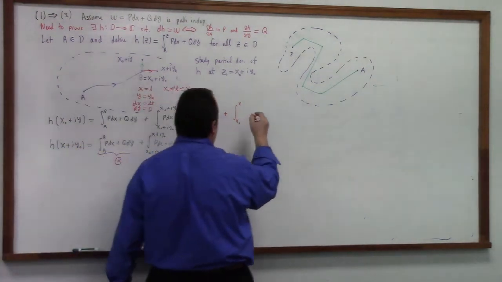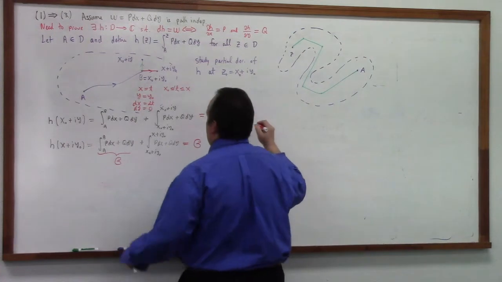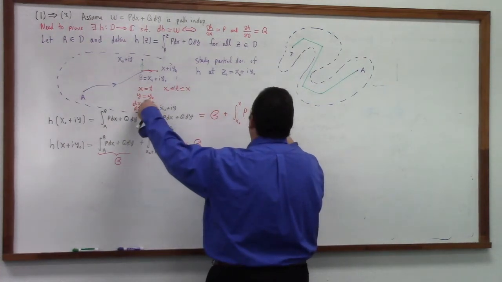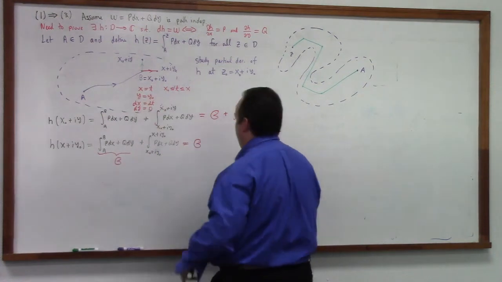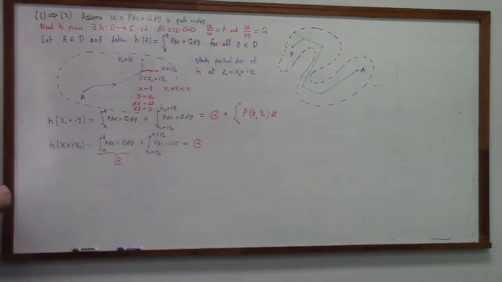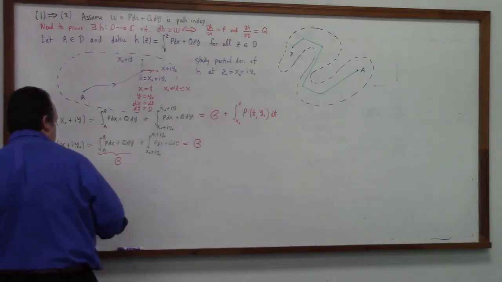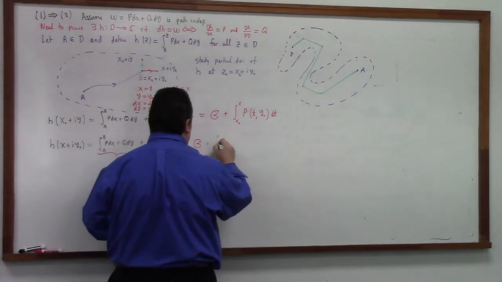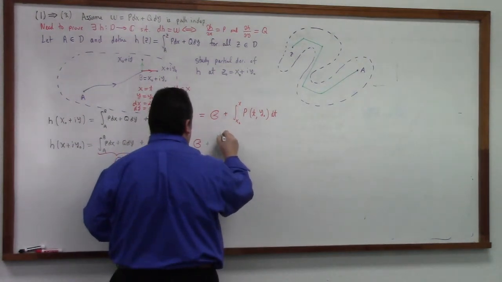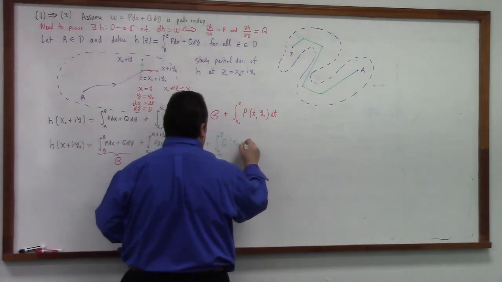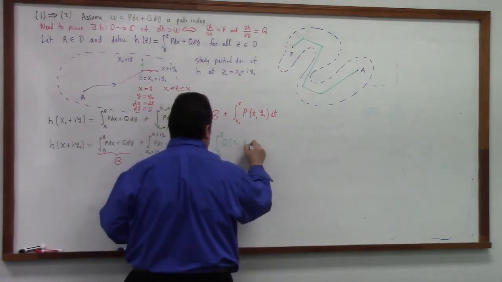More specifically, that's p of t, comma y naught, dt. And the other one gives you plus the integral from y naught to y of q of x naught, comma t, dt.